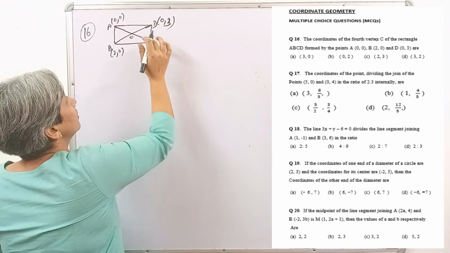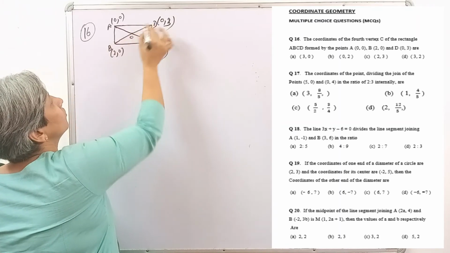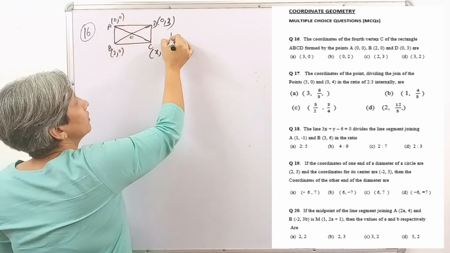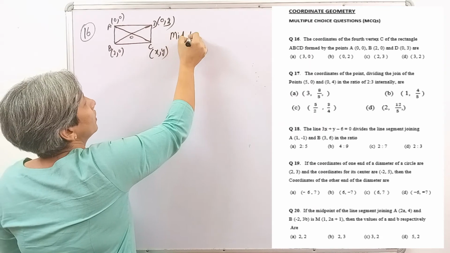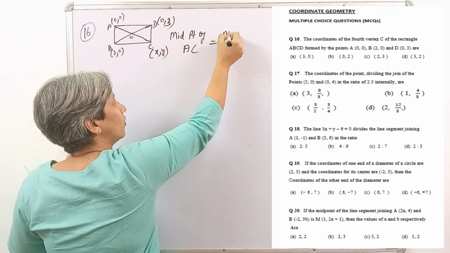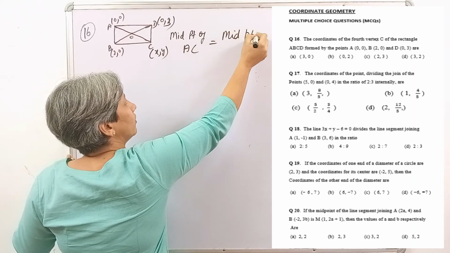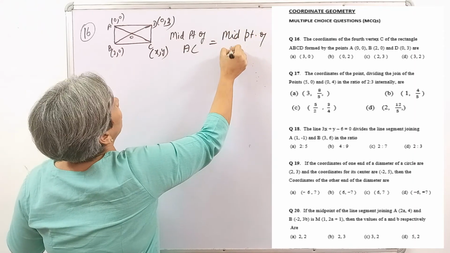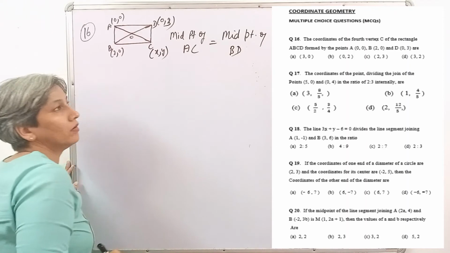That means this is the midpoint of this and this is the midpoint of this. That means midpoint of AC will be equal to midpoint of BD, right?